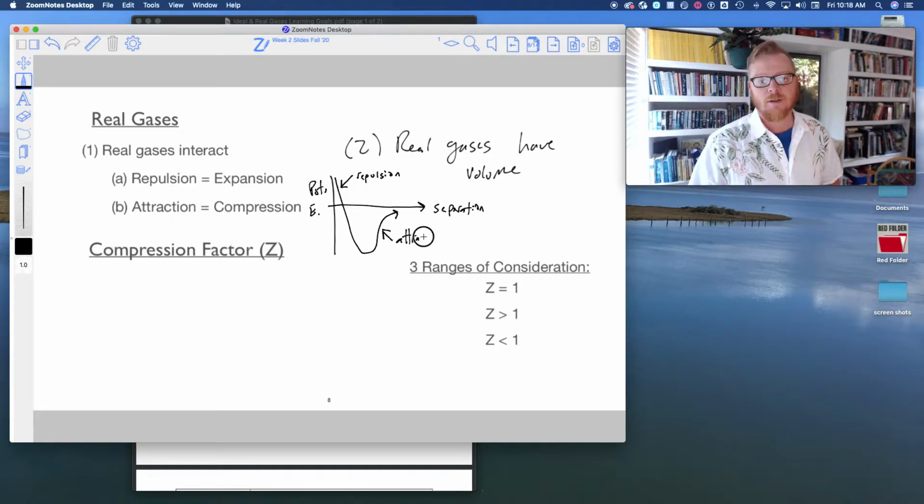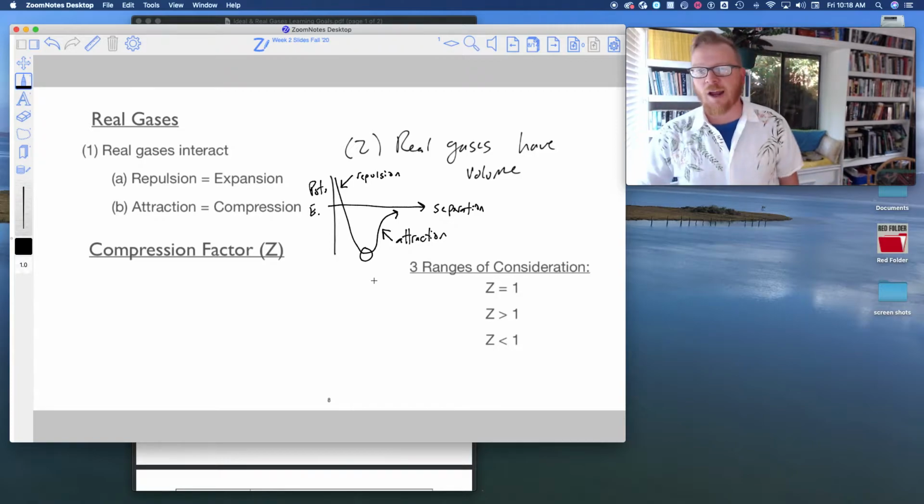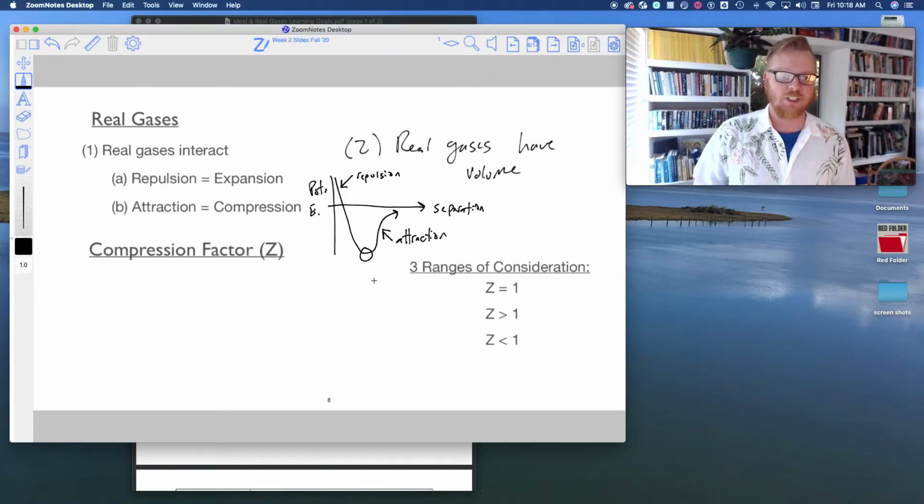So that side of the curve is attraction. And right here, this represents the sweet spot or their equilibrium position, if you will, the function of state. This is where the state would exist at that minimum, okay?